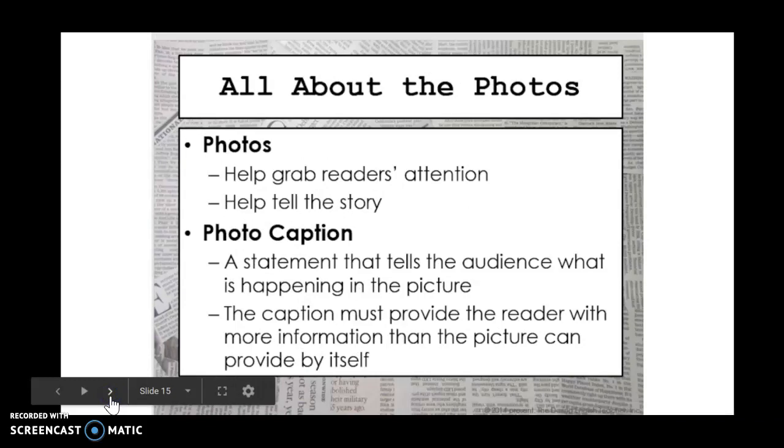Okay, so we need a lot of photos in this yearbook, so I'm going to encourage you to take plenty. The photos help grab the reader's attention. They help tell the story. And the photo caption is just a statement that tells the audience what is happening in this picture. So if we do have a homecoming, you might take a picture of two kids dressed in full on CHS attire for showing their spirit.